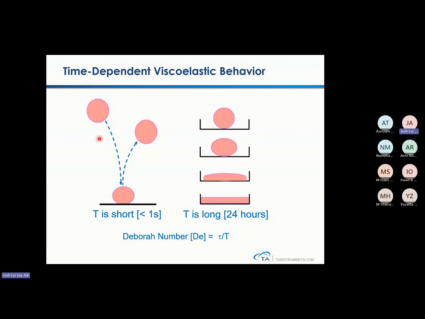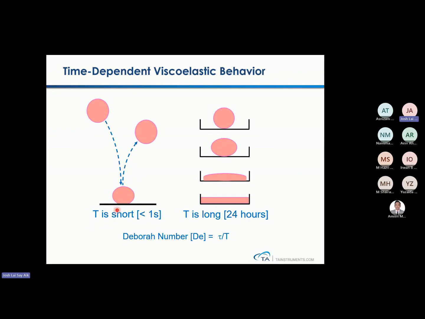When the capital T, the deformation time, is very short, your material tends to resist the changes because it's too fast, so it becomes more solid. Meaning that at higher frequencies, your material will become like a solid. At low frequency, meaning long deformation time, it behaves like a viscous material.